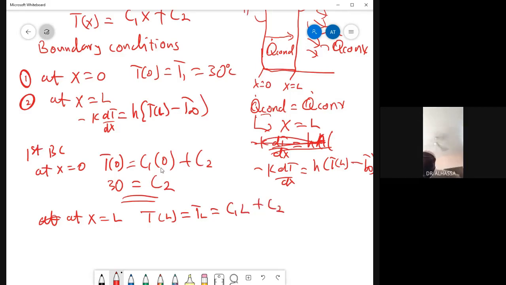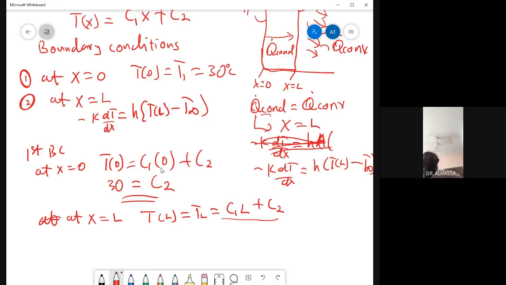That is C2, so it means that over here, TL is given by this. So the value for TL is this particular equation. Wherever I see TL, I'll substitute by C1 L plus C2.